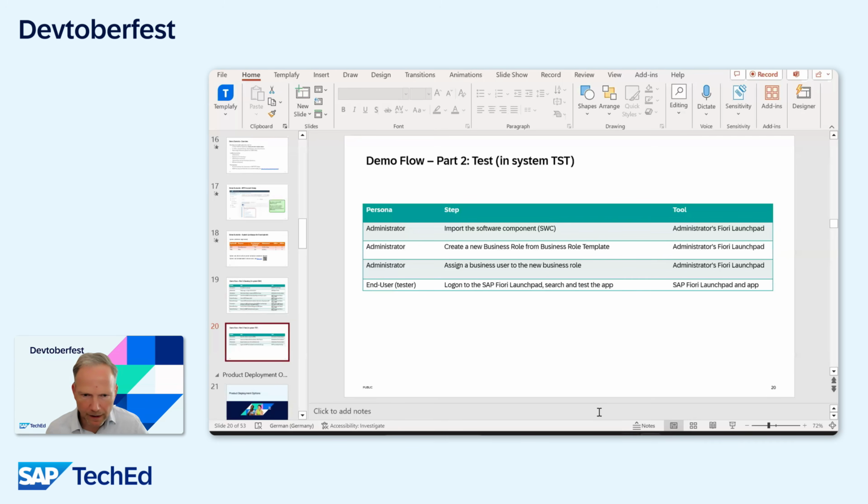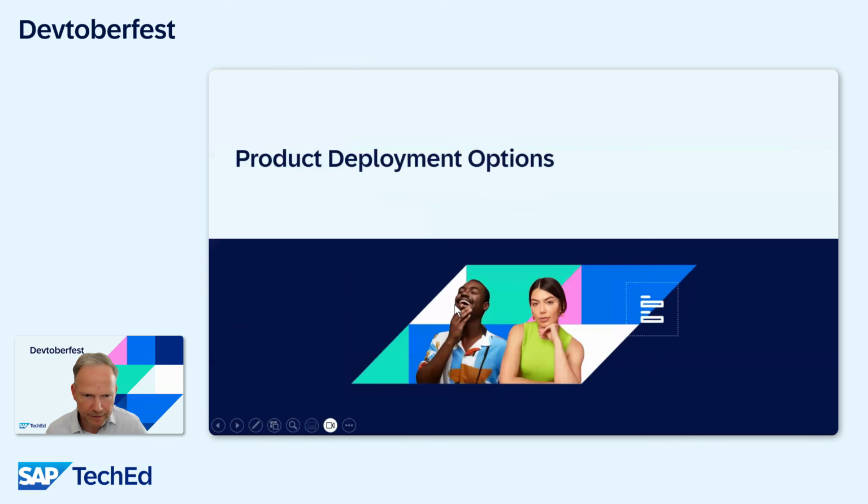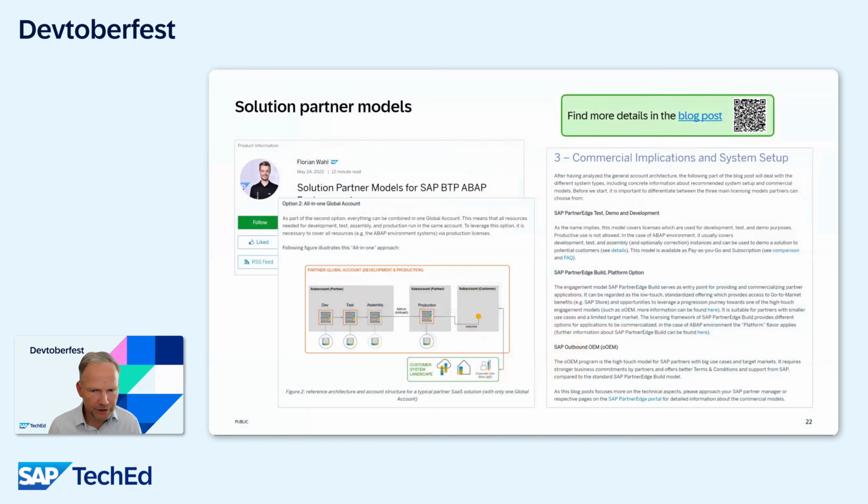So therefore, I'm switching now to the presentation again, and I would like to explain the two different product deployment options we want to offer. So first of all, you need to think of the different commercial models, how to sell the products to your customers.